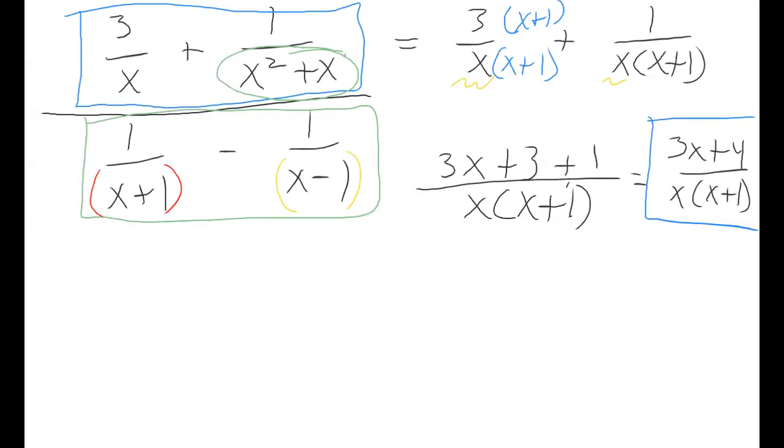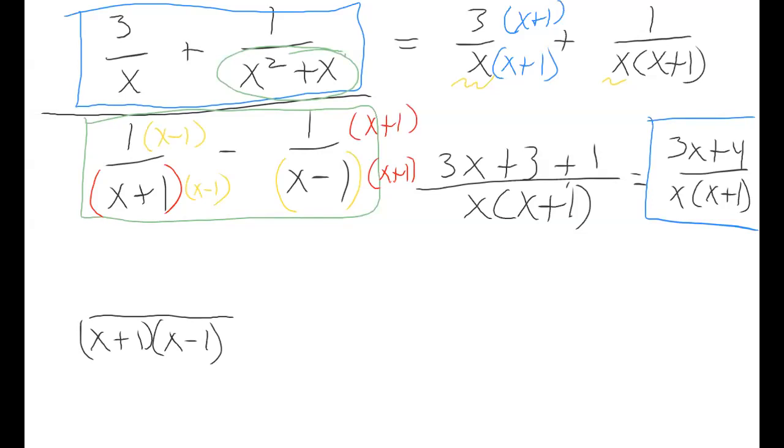So this new denominator becomes x plus 1, parentheses, x minus 1, which means this first one is missing the x minus 1 up top and x minus 1 on the bottom. And this one is missing the x plus 1 and the x plus 1. And by doing that, I got my common denominator.